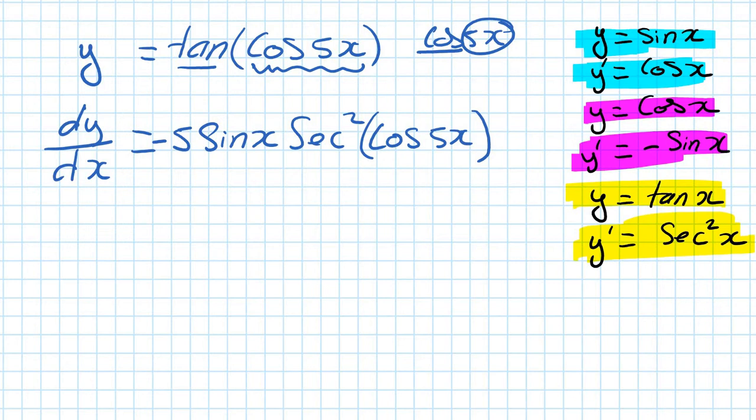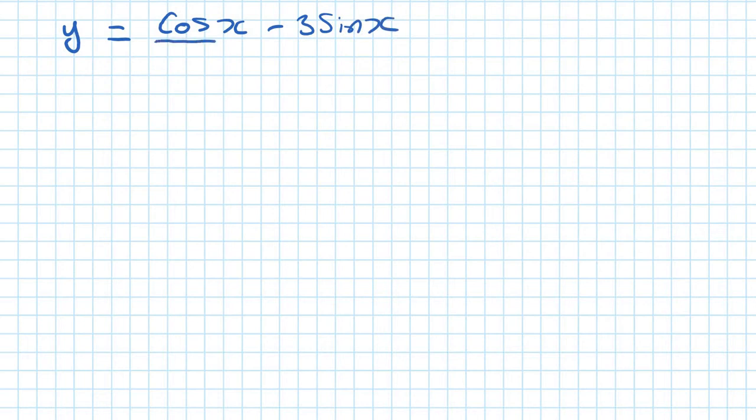Now let's do one with the quotient rule. I'll just move this up first. Let's say y is equal to cos x minus 3 sine x all over cos x. So dy dx equals, now quotient rule, u over v.